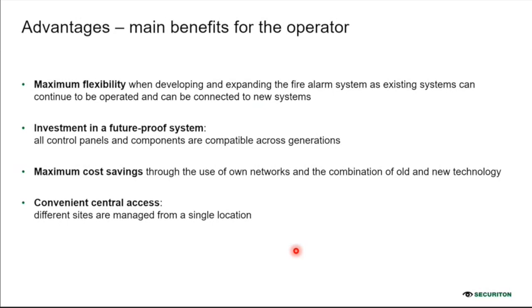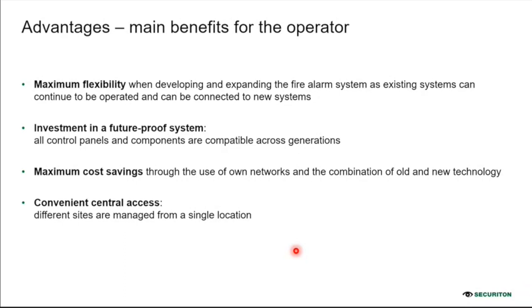So what are the advantages and the main benefits for the operators? We have maximum flexibility when we develop and expand the fire alarm system, an existing one, so we can expand whenever we want. So we can save money on the investment. We don't need to change the panel, the system, or the cabling.